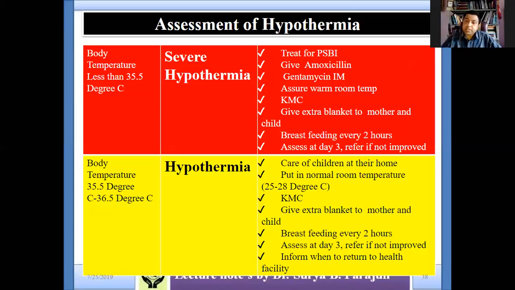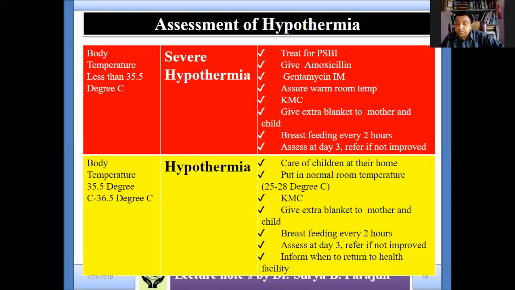If body temperature is less than 35.5 degrees centigrade, then you need to categorize it as severe hypothermia or red zone. The possibility is PSBI, so treat for PSBI. For that, give amoxicillin, gentamicin. Ensure warm room temperature, KMC, kangaroo mother care.